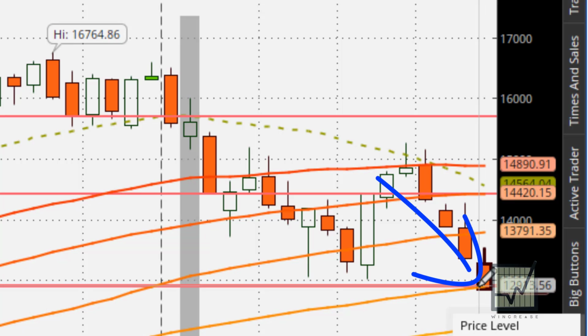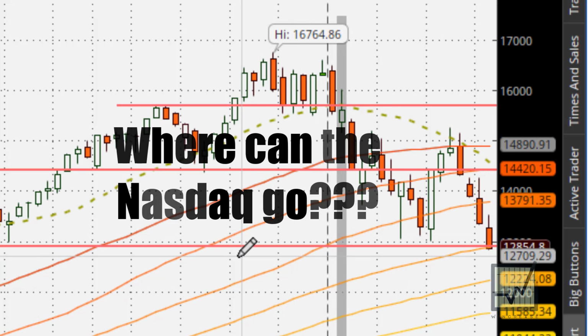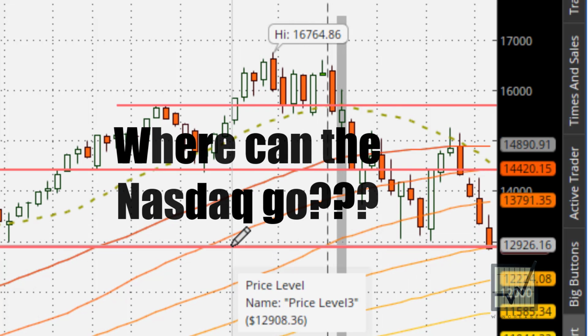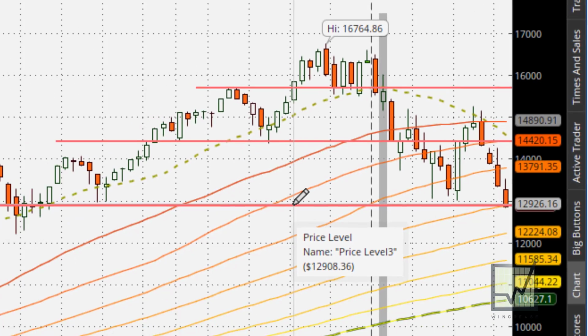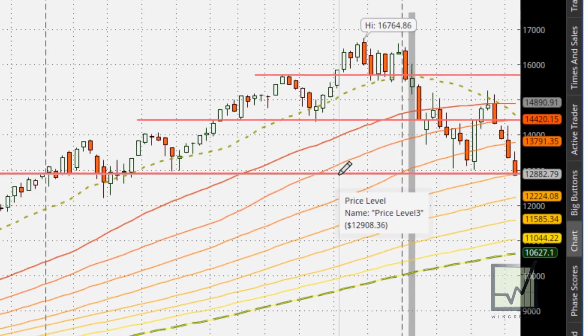So we closed at the lows, and if we want to back out one, we can see where we're likely. Okay, that's around 13,000 is where we're at now. Next target area is probably going to be around 12,000. So I'm looking for the Nasdaq to make a move towards 12,000.